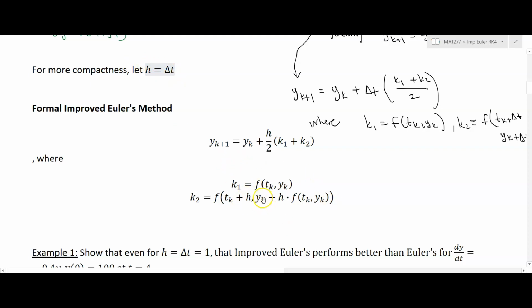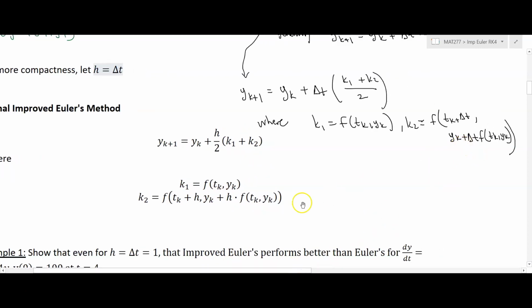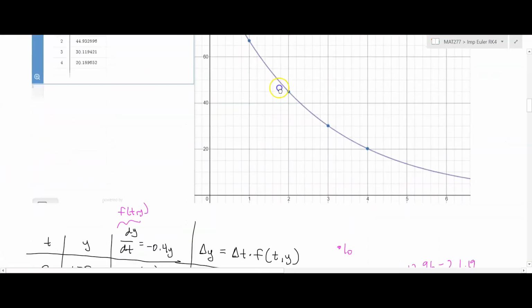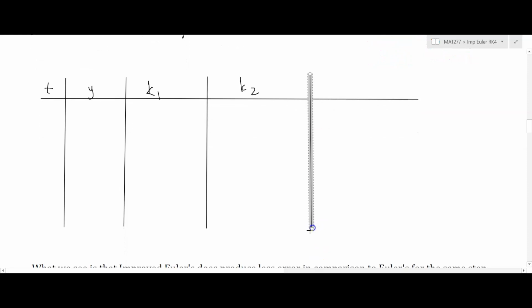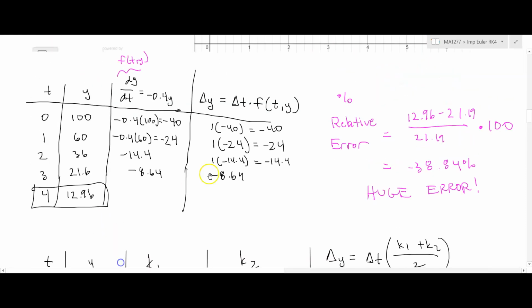But notice that these formulas are in fact the same; we're just using H instead of delta T. So we'll have a column for K1, a column for K2, and then a column for the expected change in Y. The expected change in Y is delta T times the average of these two slopes. Nothing different here, except that we average those two slopes together, whereas in Euler's method we just take the one slope and multiply it by delta T.